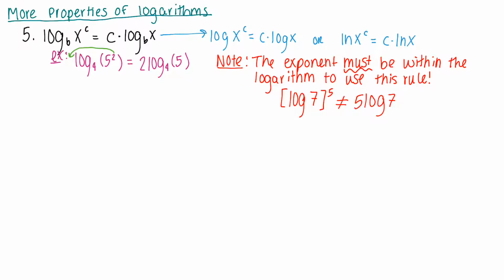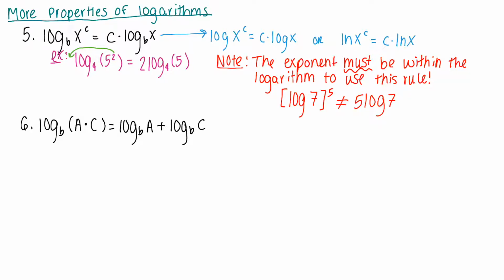All right, second to last rule. If you have log base b of a times c, that multiplication on the inside can turn into addition on the outside. So you can split this up into log base b of a plus log base b of c.